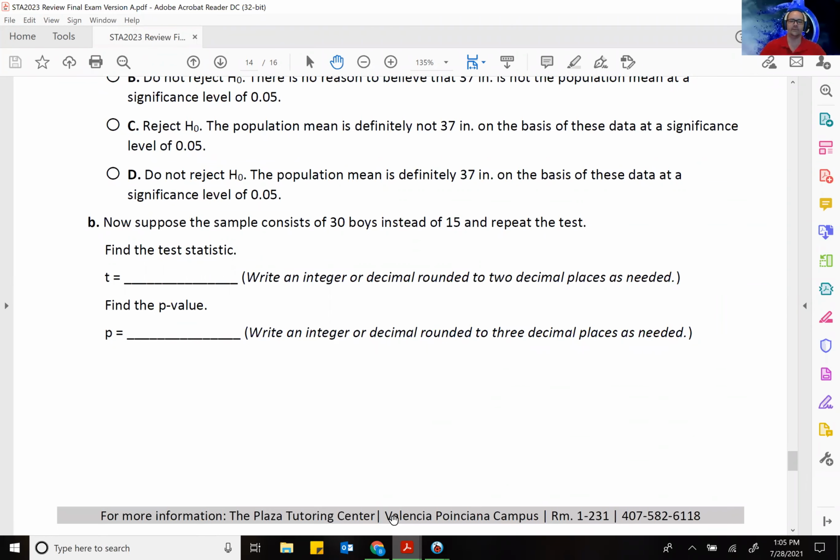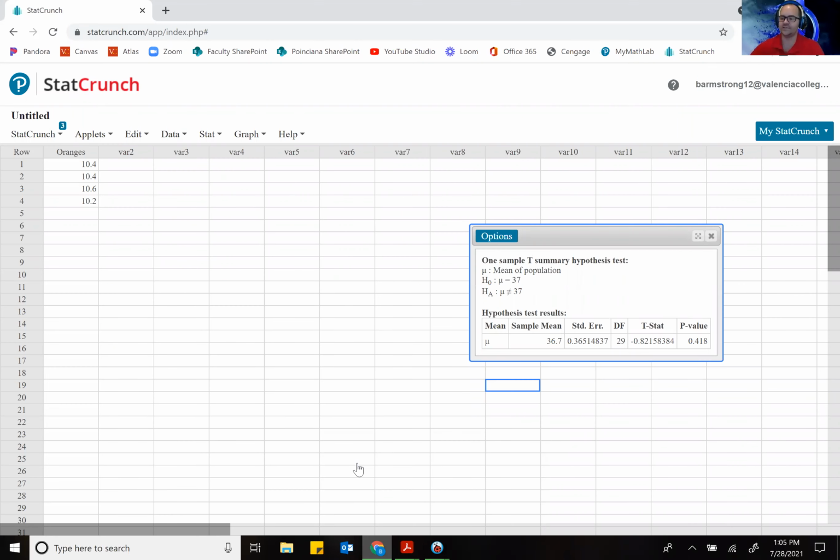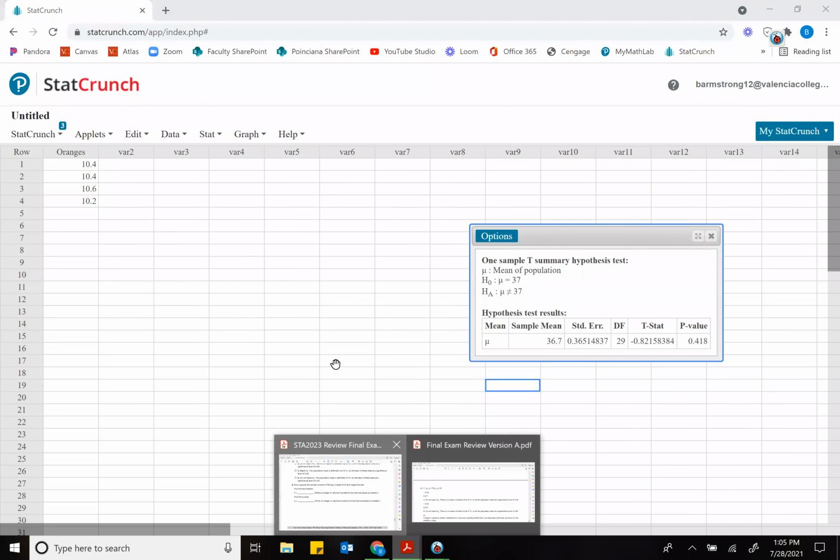All right. So what is the T? Negative 0.82. Okay. And what is P? 0.418. Same thing with the p-value because it's still higher.